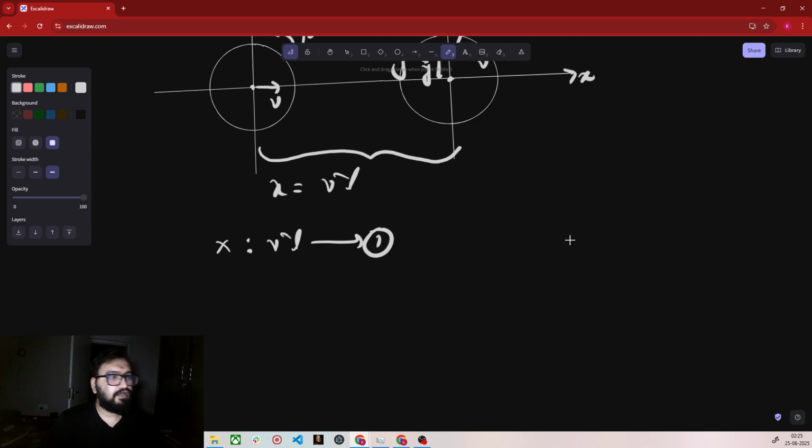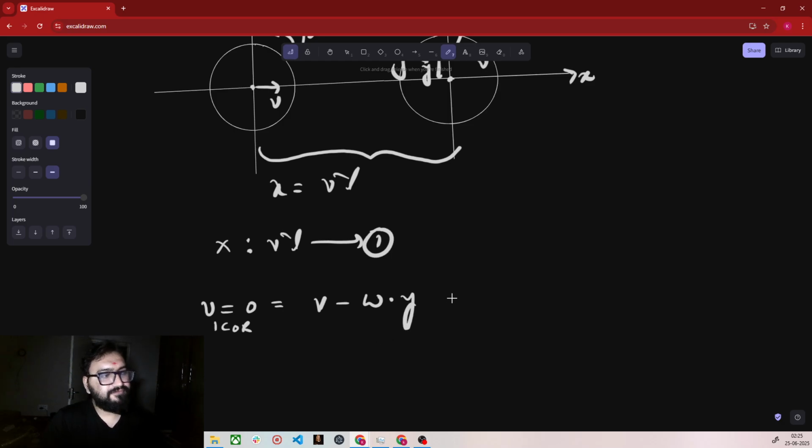What is that? The condition is the instantaneous axis of rotation has a velocity equal to 0 with respect to the ground, and it can be written as v minus omega times y, right?